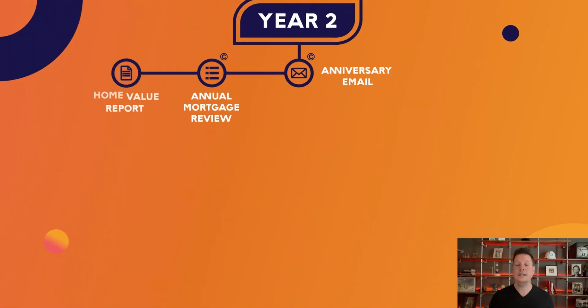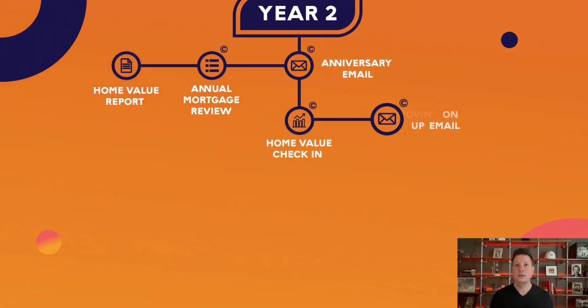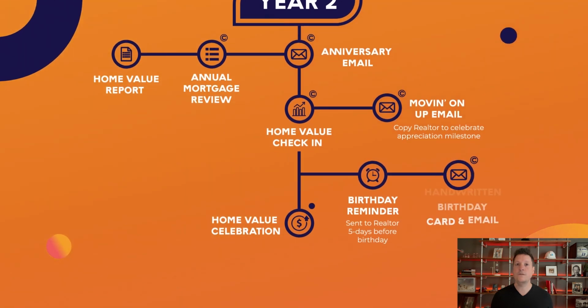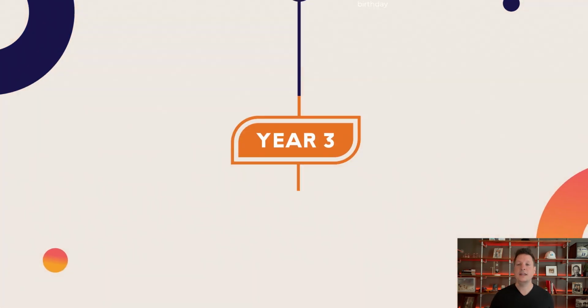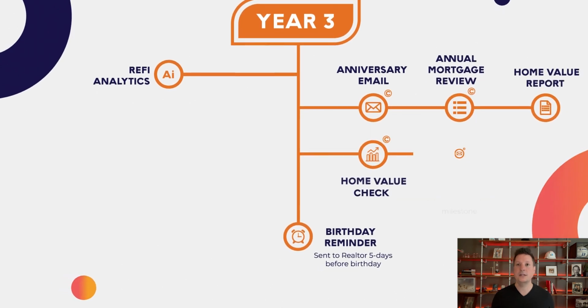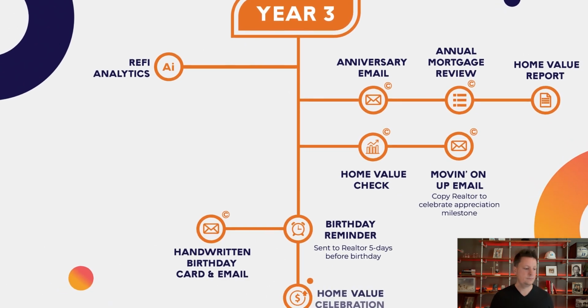Finally, Candid takes all of the information it gathers through post-closing surveys and annual mortgage reviews and updating your client's home values, aggregates it, and then analyzes it on your behalf to identify up to 16 different types of refinances.